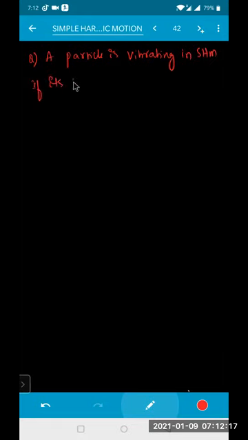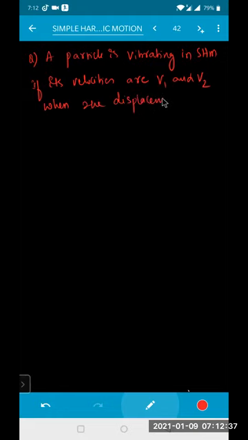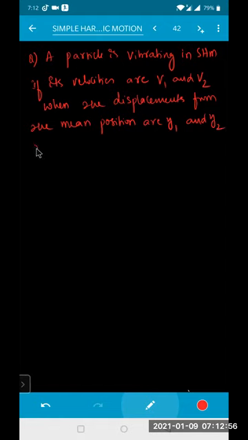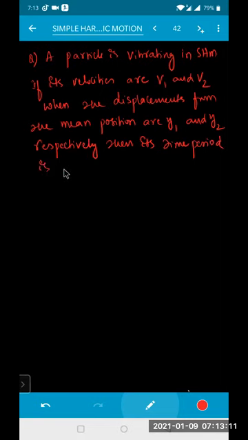If its velocities are v1 and v2, when the displacements of the particle from the mean position are y1 and y2 respectively, then its time period is dash.